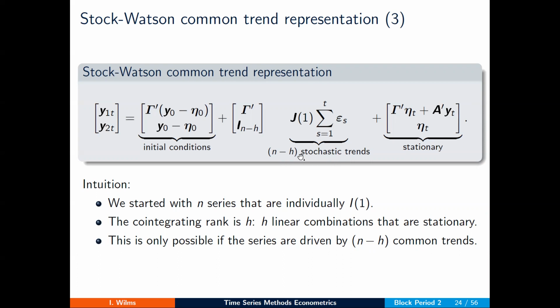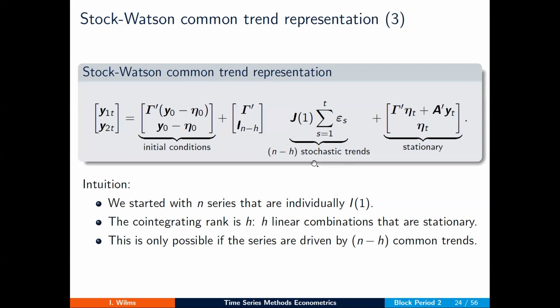Now, this second term over here plays the most crucial role in the Stock and Watson representation. Remember that the row dimension of J is n minus h. And so I have here n minus h common stochastic trends.